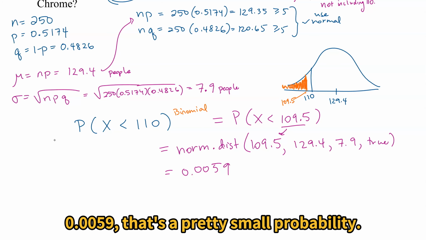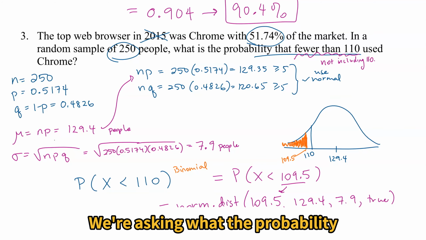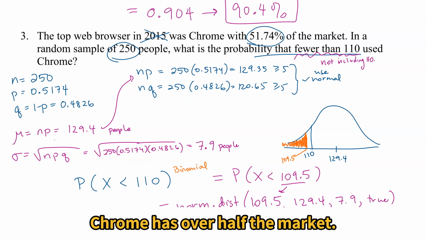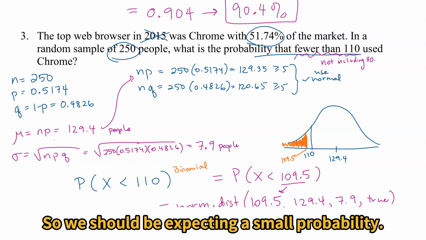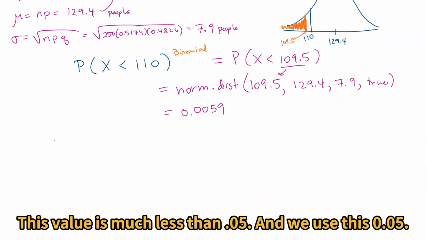Now let's talk about this probability for a moment. 0.0059, that's a pretty small probability. Notice that Chrome had 51% of the market. We're asking what the probability that fewer than 110 used Chrome. Chrome has over half the market. So we should be expecting a small probability. And we get a small probability, 0.0059. This value is much less than 0.05.